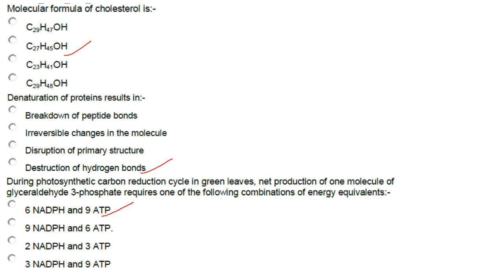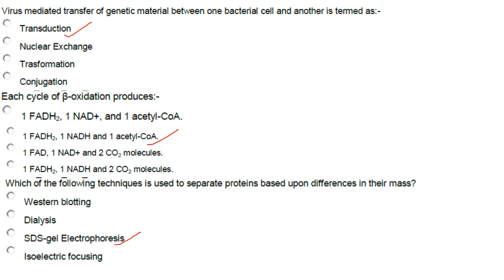The next one. During the photosynthetic carbon reduction cycle in green leaves, net production of one molecule of glyceraldehyde 3-phosphate requires one of the following combinations of energy equivalents, that is 6 NADPH and 9 ATP. Then next one.